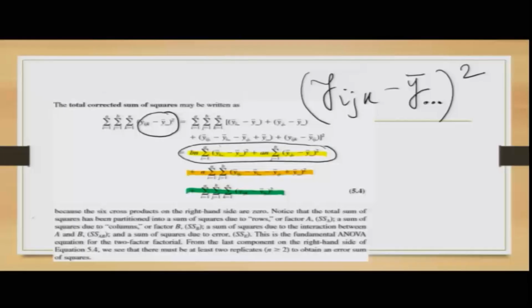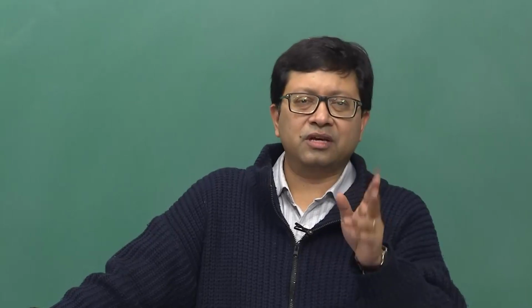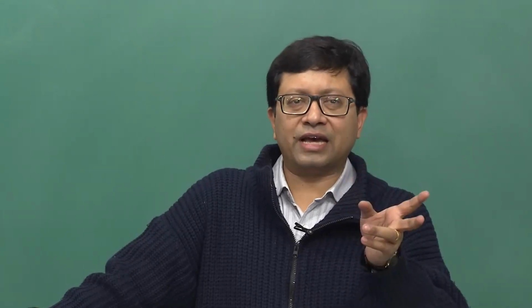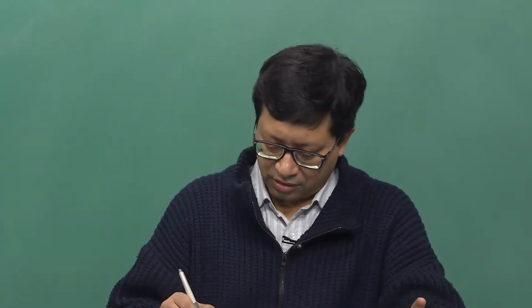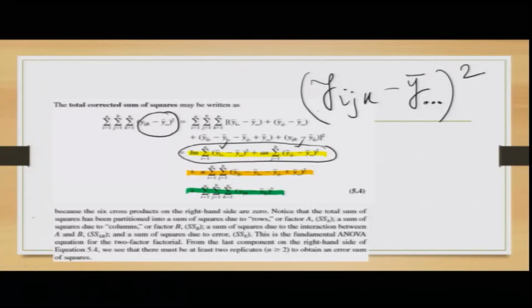So, this is the first part, and finding the difference from the average of the average of the average, which I mentioned. Second part would be I am keeping j fixed, that is a column fixed, and summing it for all the i's and all the n's and finding the difference and the squares correspondingly with the average of the average of the average, which is here. So, this takes care of the yellow highlighted one.